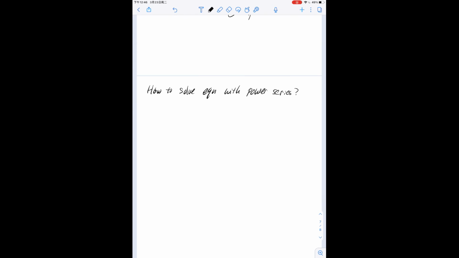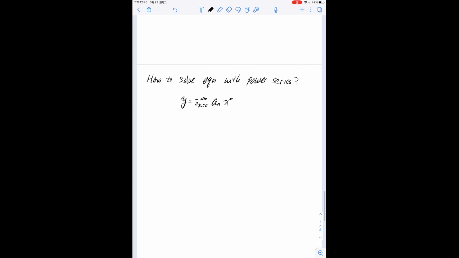The steps look like this. First, we assume y has a power series expansion that looks like this: the summation of an times x to the power of n, with n from 0 to infinity.